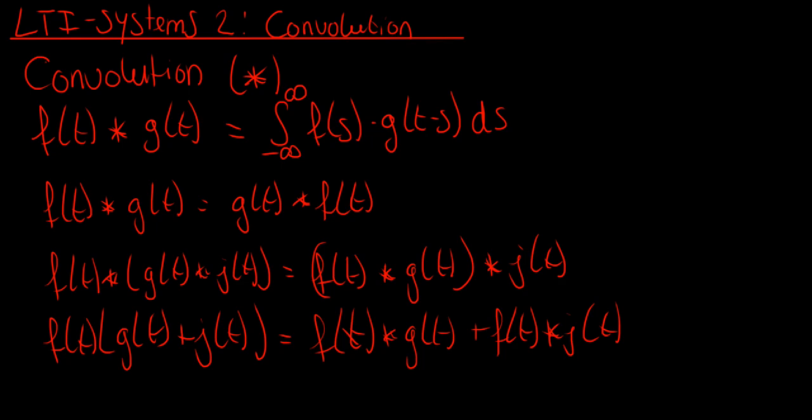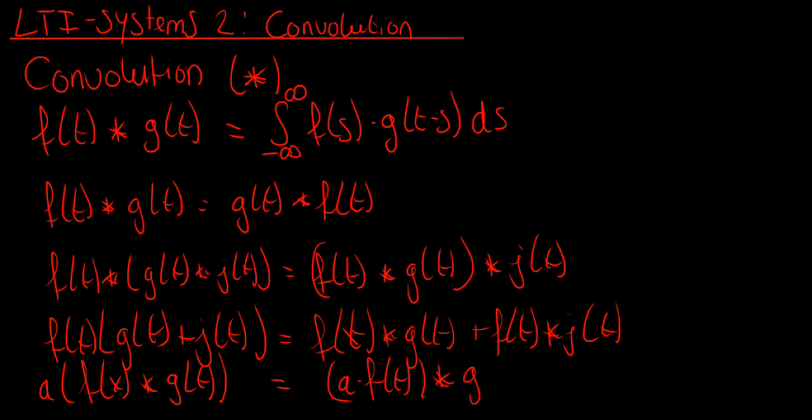Of course, also, I forgot, if we have a scalar, it doesn't matter if we multiply it afterwards or before we start convoluting. So you can really equate it to multiplication, because a lot of properties also hold for that.